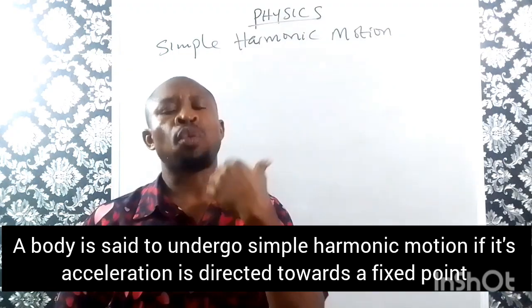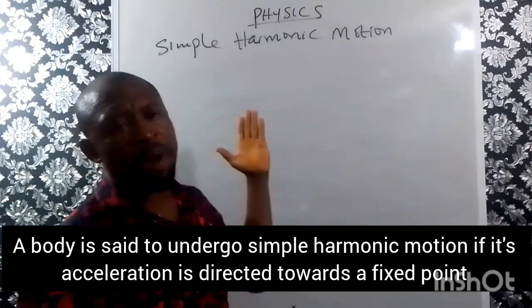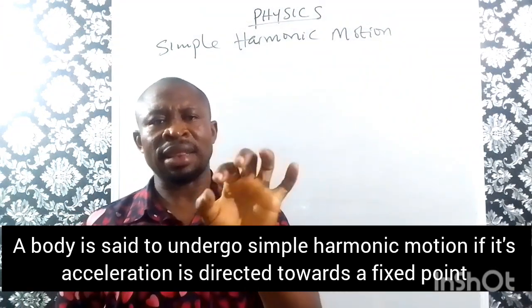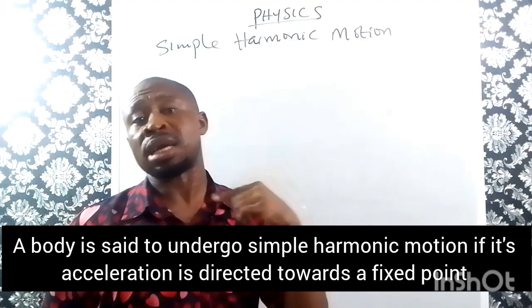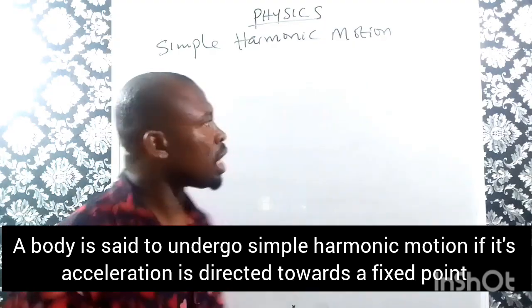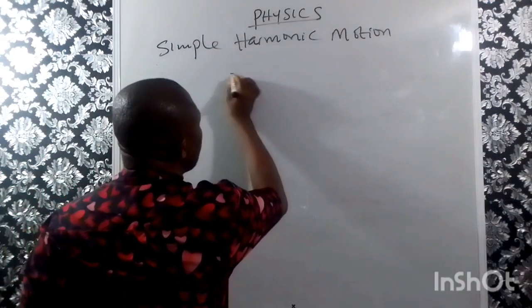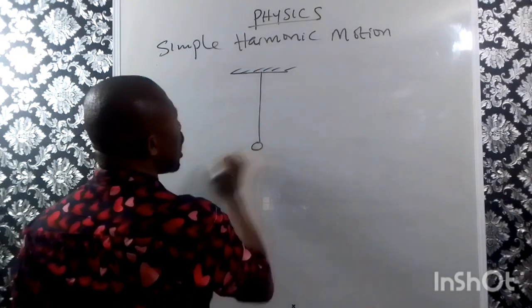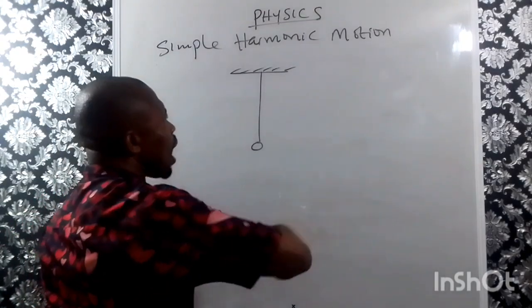Or, we can say that a body is said to undergo simple harmonic motion when its acceleration is directed towards a fixed point. And of course, if a body is undergoing simple harmonic motion, let's say this is the motion of a pendulum bob, it is moving to and fro.